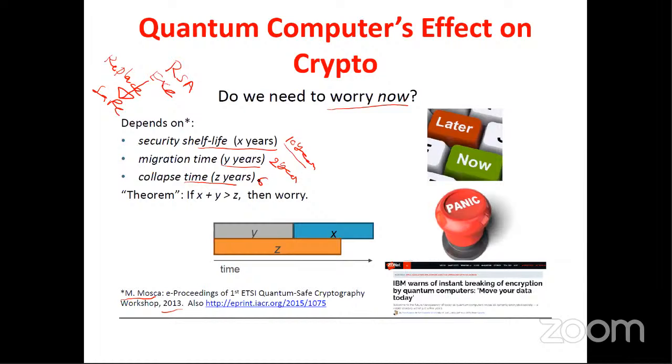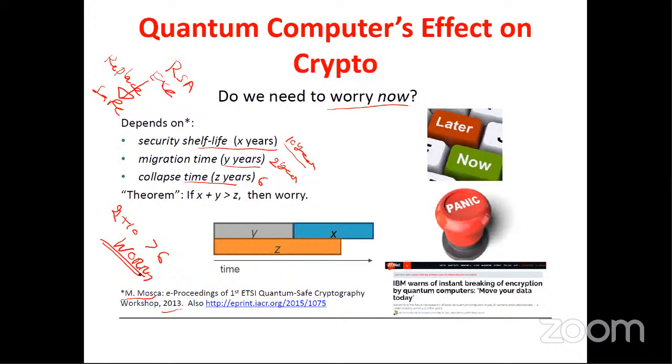Then we should worry, because we want to keep this information secure for 10 years and we will require 2 years to replace it. So total X plus Y is 12 years and our collapse time is only 6 years. So this 2 plus 10 is much more than the 6 years. So, a serious worry.